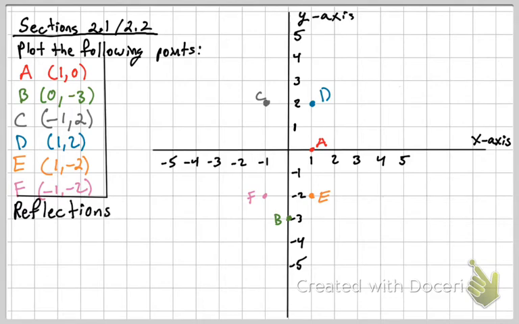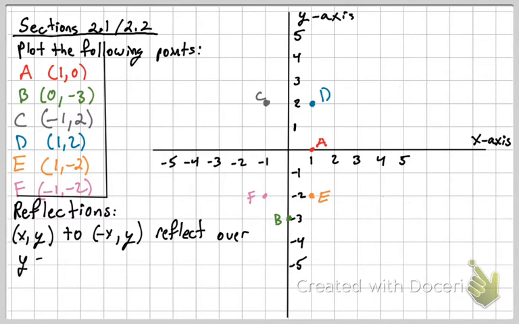What do the ordered pairs look like? So if I have an xy and then we reflect to negative x, y, that's going to reflect over the y-axis, and sometimes if we're talking about a function later on, we'll call that even. That's kind of like if you take your piece of paper and you do a hot dog fold from elementary school.